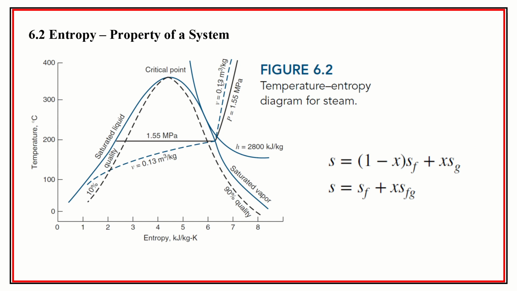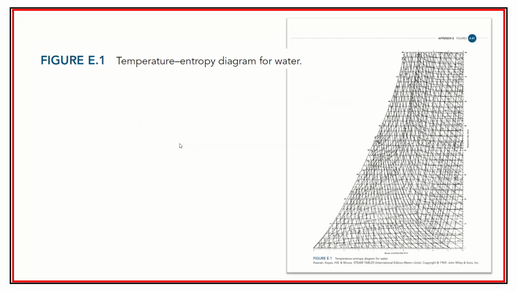If it's superheated, we can look up the superheated properties. If it's a compressed liquid, we know we're going to be on the saturated liquid, so sf is going to be good enough for us.